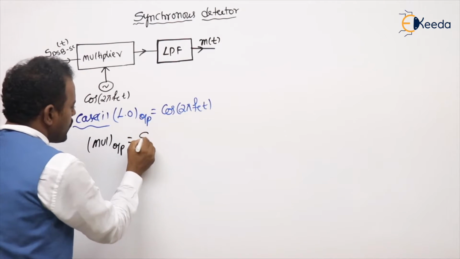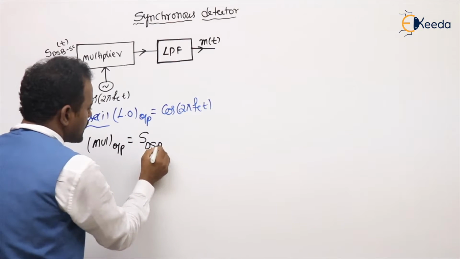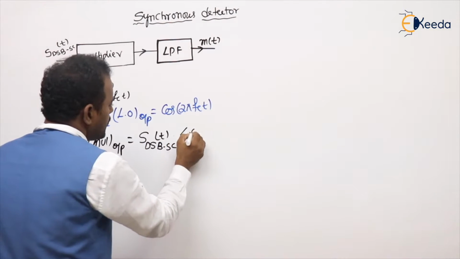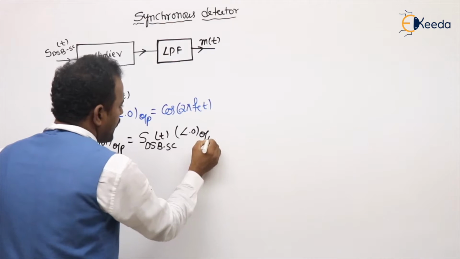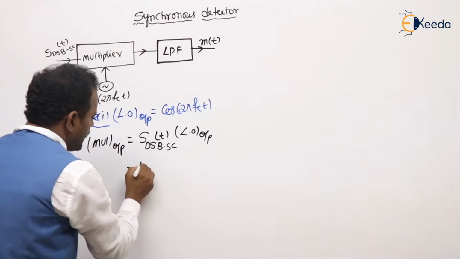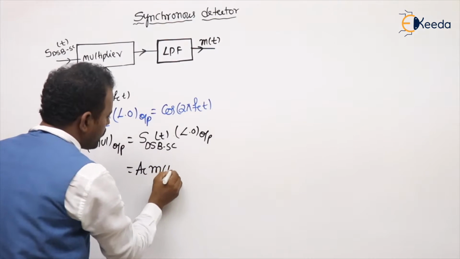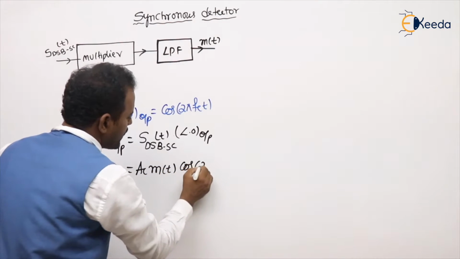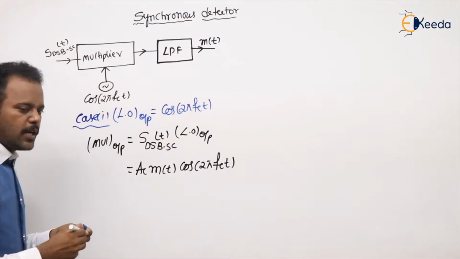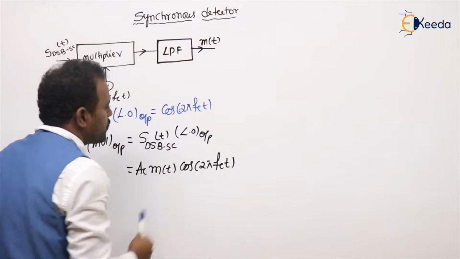One input is our DSBSC signal, the received modulated signal. The other is the same carrier generated locally. What is the DSBSC signal, sir? It is Ac into m of t into cos 2 pi fct, the general expression of DSBSC. What is the local oscillator output, sir? The same cos 2 pi fct.